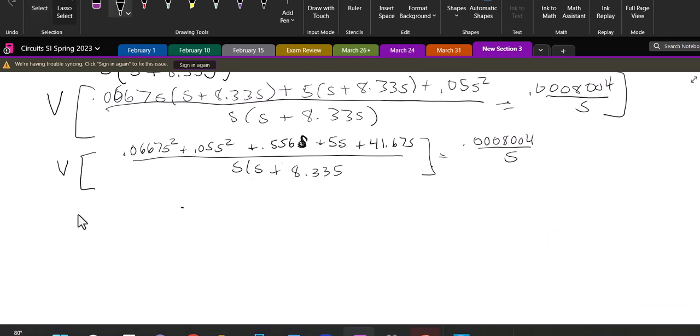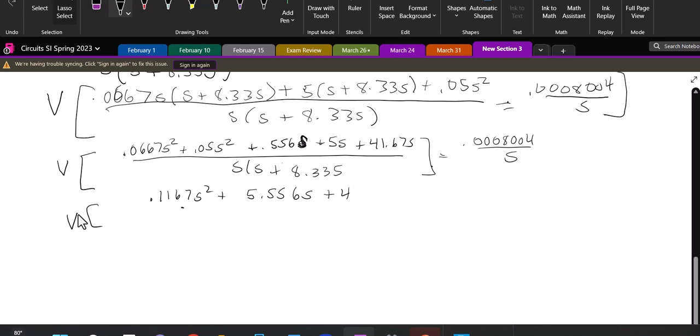Alright, so now that's 0.1167 s squared plus 5.556 s plus 41.675, all over s times s plus 8.335, equals 0.008004 over s.